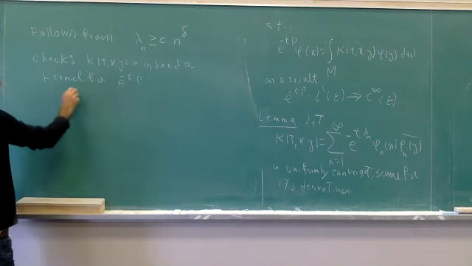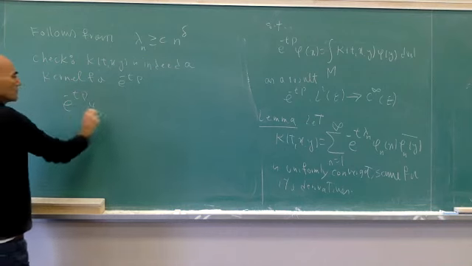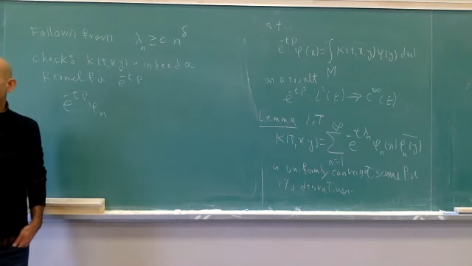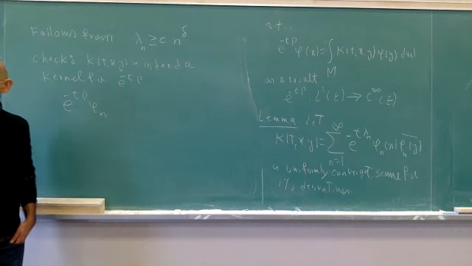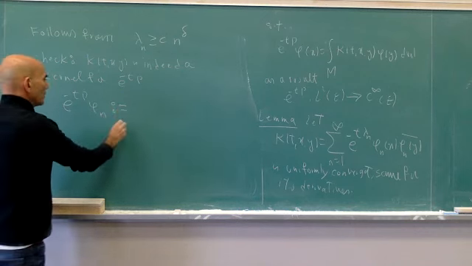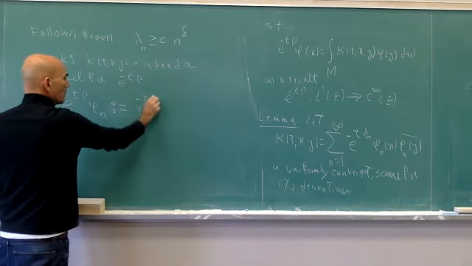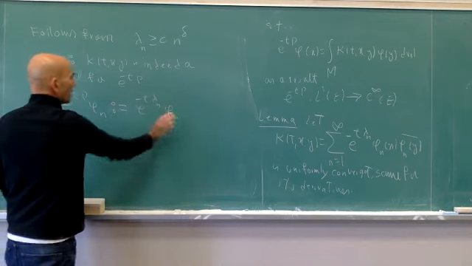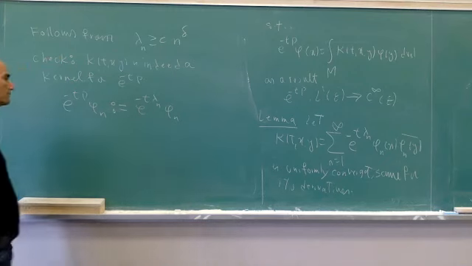Remember, we defined e to the minus tP by these rules: e to the minus tP phi n is equal to e to the minus t lambda n phi n. That's how we defined it.